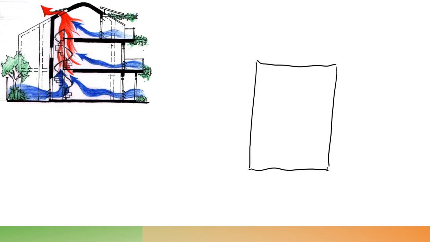Let's use that one. I'm going to get my pen ready. Let's go for blue coming in at the bottom. This is the natural stack effect, in other words the balance. Do you remember what I was talking about, where the air is brought in through natural crevices?